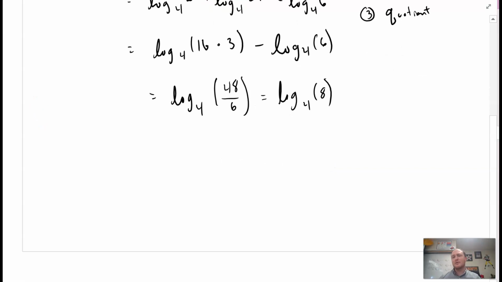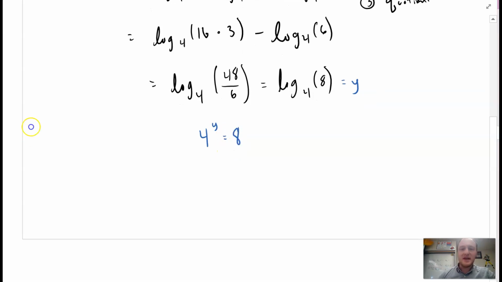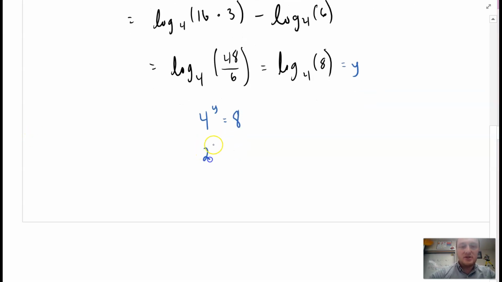And you're like, hey, I can't rewrite 8 as base 4. You're correct, but what I can do is use a little trick that we learned in the last unit. I can set this equal to y. I can rewrite this in exponential form, so 4 to the power of y equals 8. Well, this is 2 to the power of 2y is equal to 2 to the power of 3.